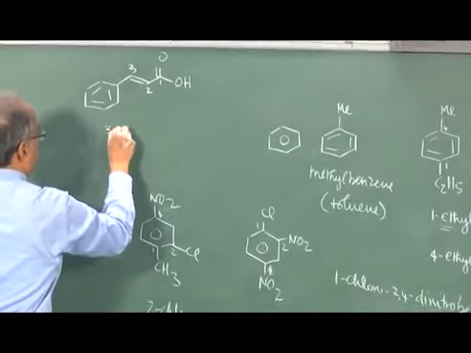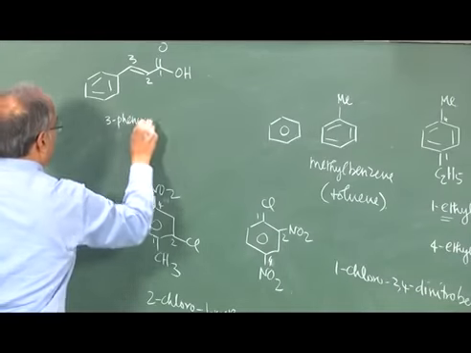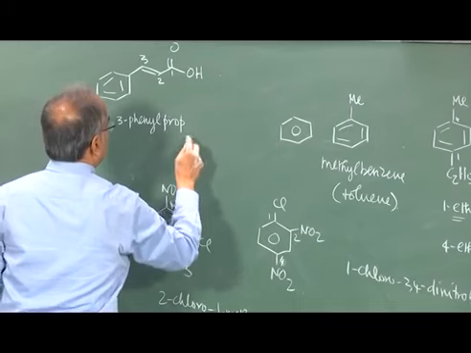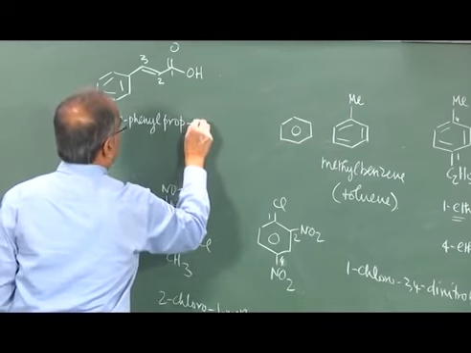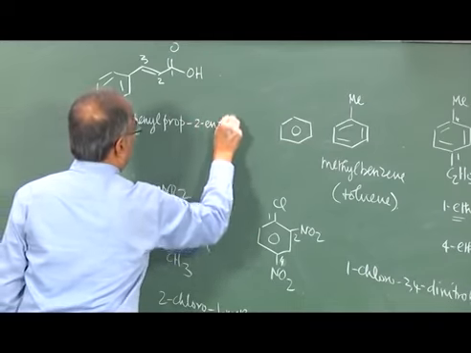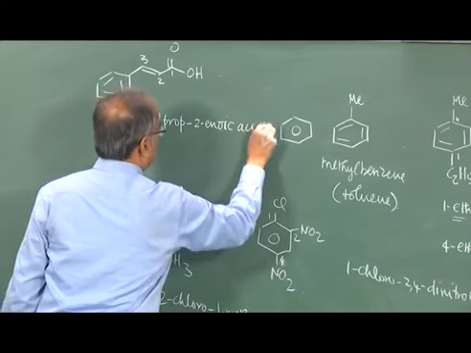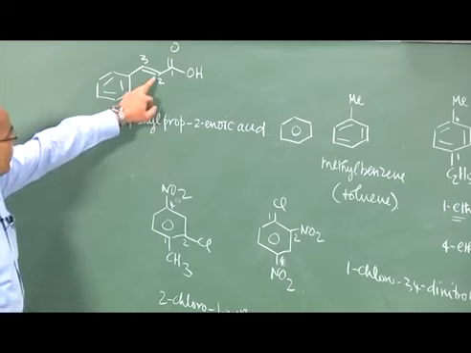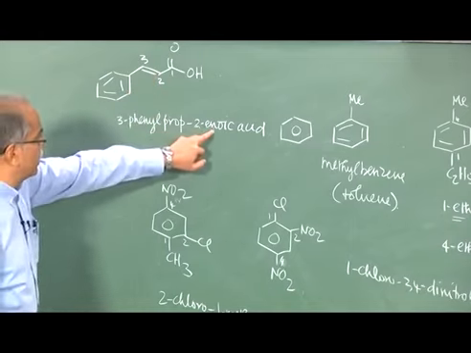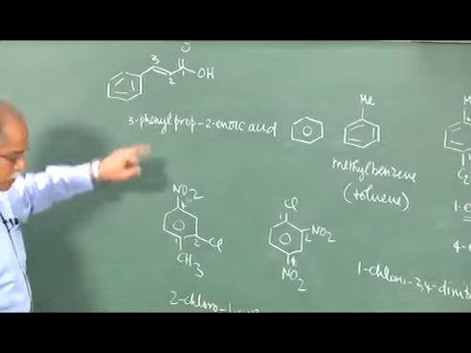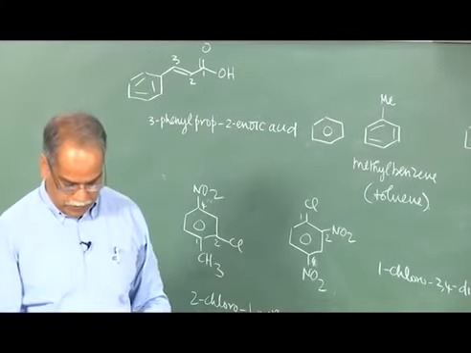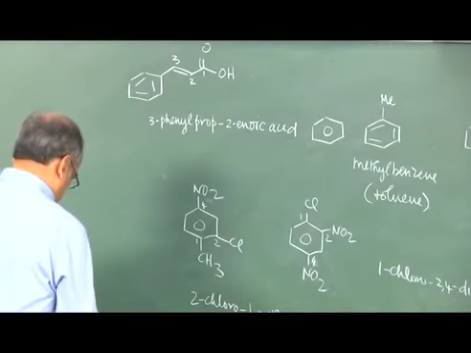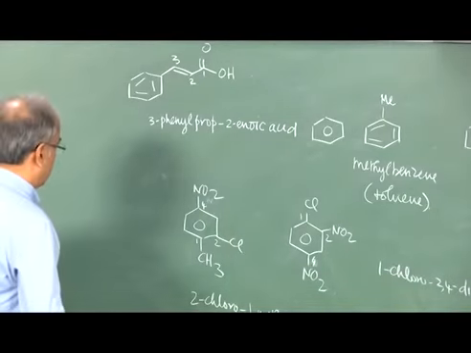So, this would be 3 phenyl propa 2-ene oic acid. So, it is a propeneoic acid. The position of the ene is at 2 position. In the 3 position there is a phenyl group. So, 3 phenyl propene 2-oic acid is the correct nomenclature for this.